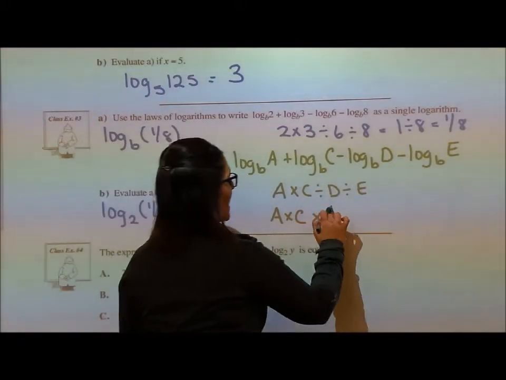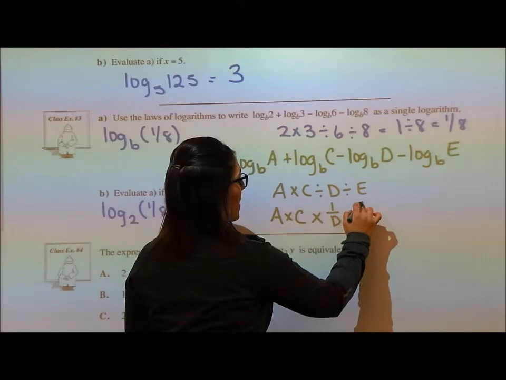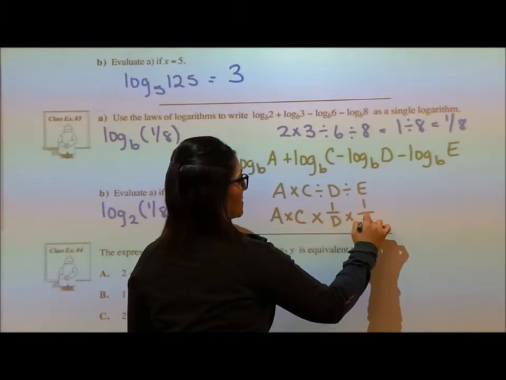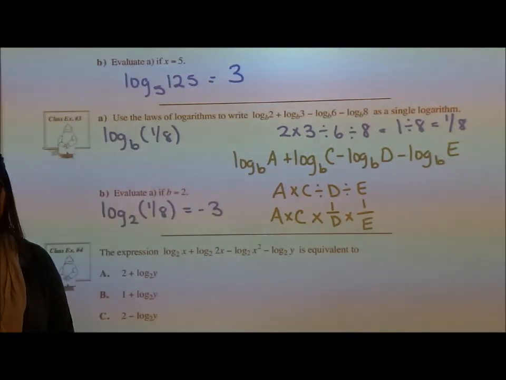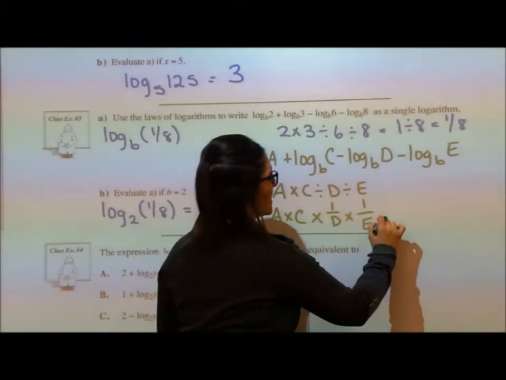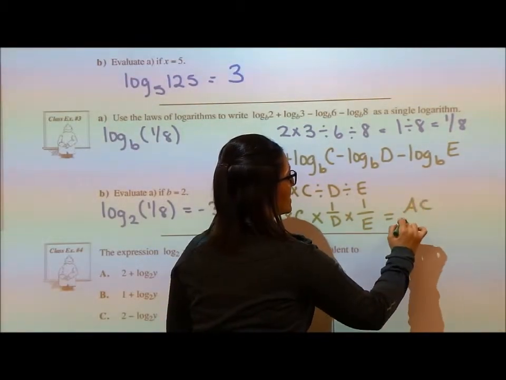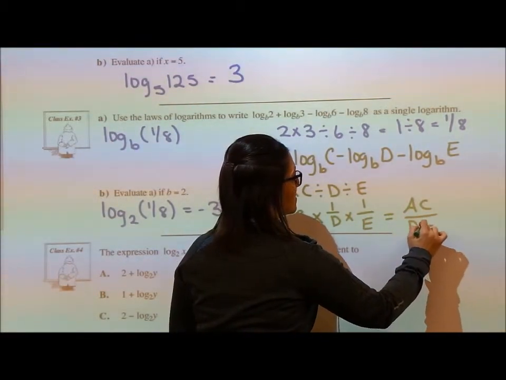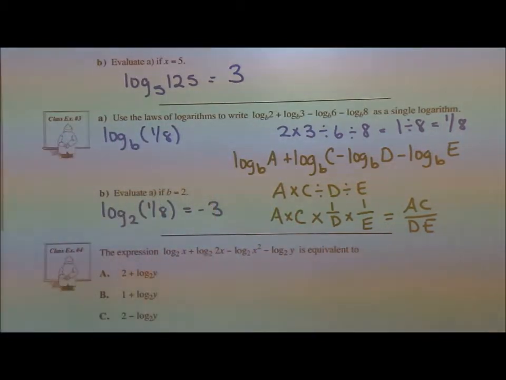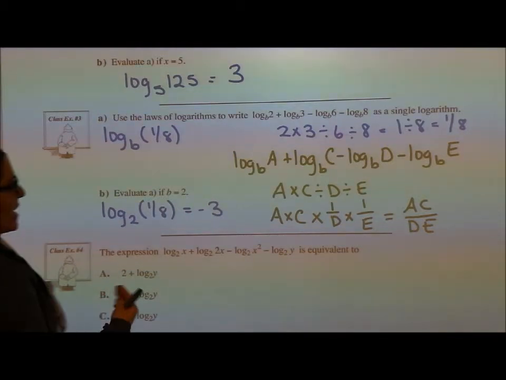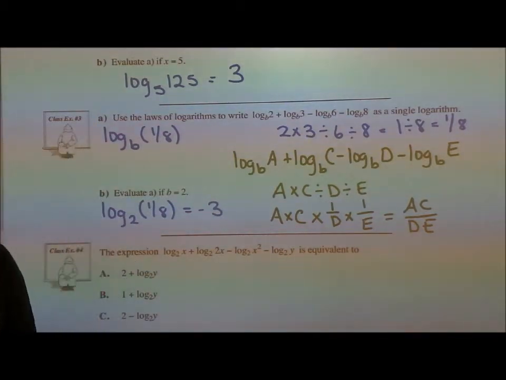And instead of dividing by e, I could multiply by 1 over e. So that when I put this all together, a times c is on the top, and d times e is on the bottom. Now it's one single expression. This becomes log base b of ac over de.